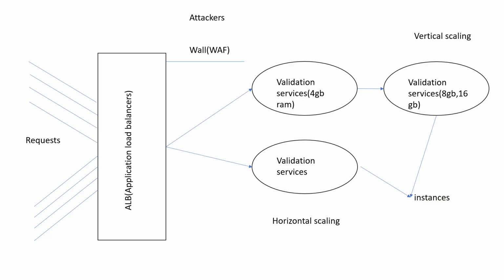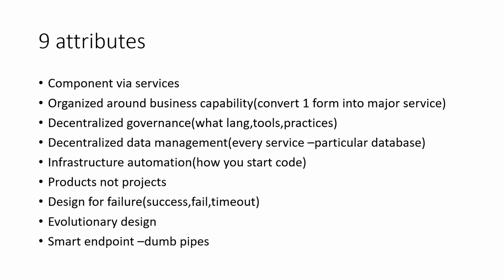So moving on to our next point, that is products not projects. You can check about this. The next one is design for failure. Now when we are doing our payment, we'll see whether our payment is done or not done.